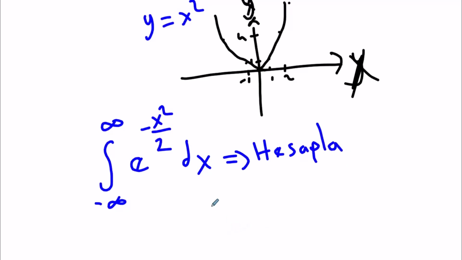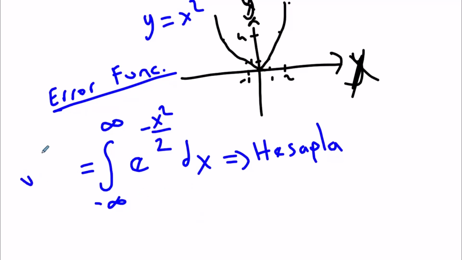Now guys, it's actually a special function. We call this the error function. The result of this converges to root 2 multiply pi between minus infinity and infinity. Now I know it converges to root 2 pi.